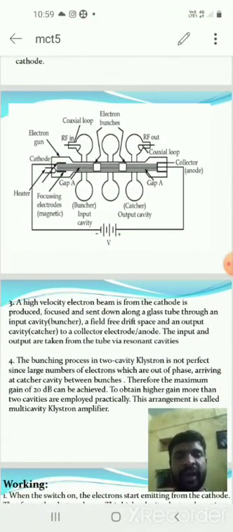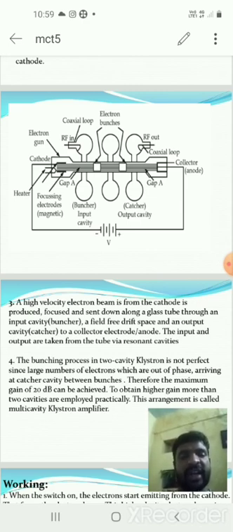That means we have two gaps, gap A taken from the bunching cavity and gap B taken from multi cavities, and the last one is gap C. The electrons give their energy to the RF signals, and it is also amplified by the cathode generated electrons of the next generation signals.